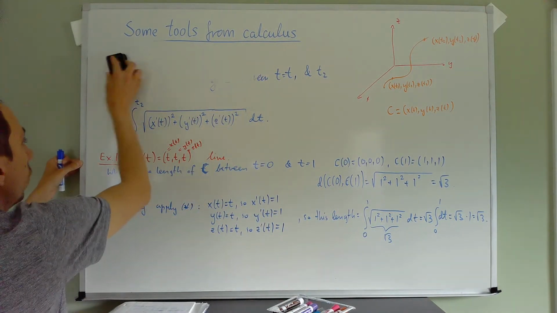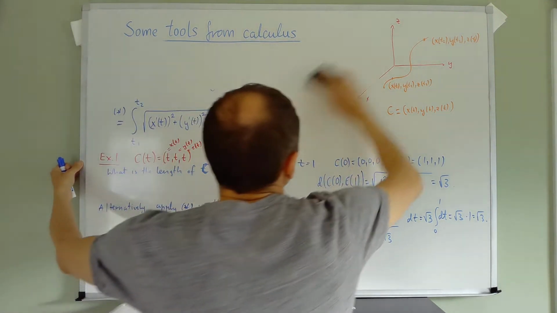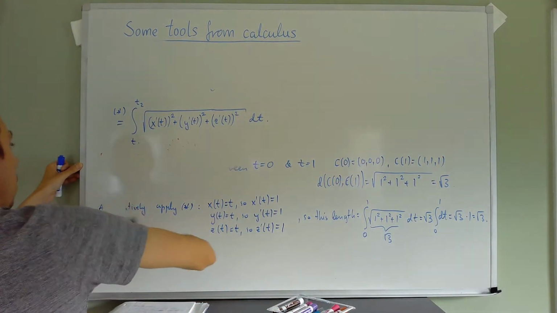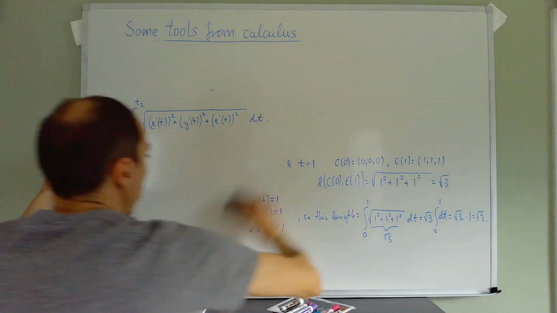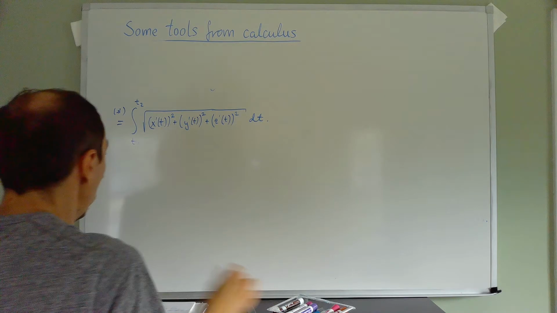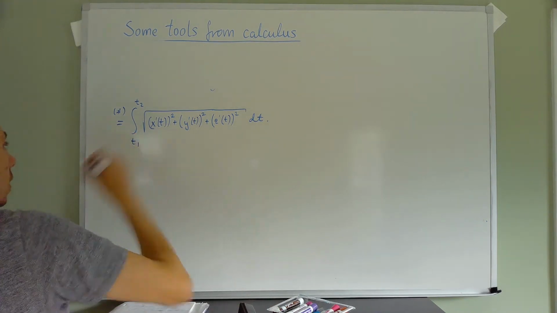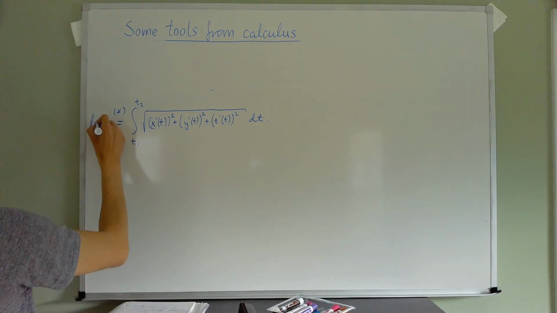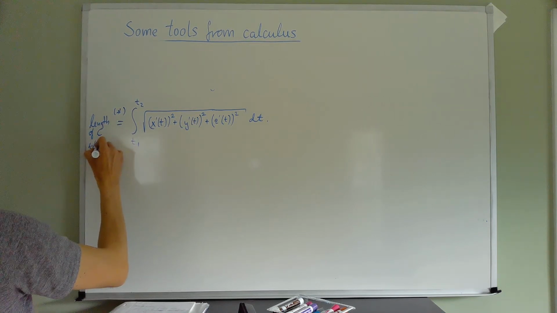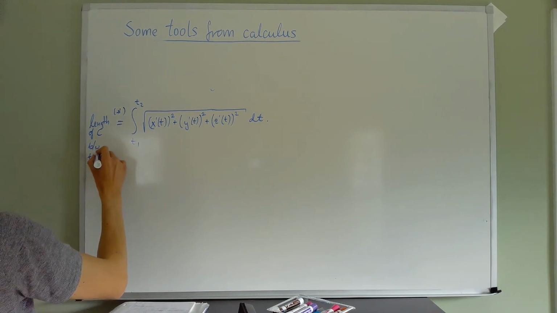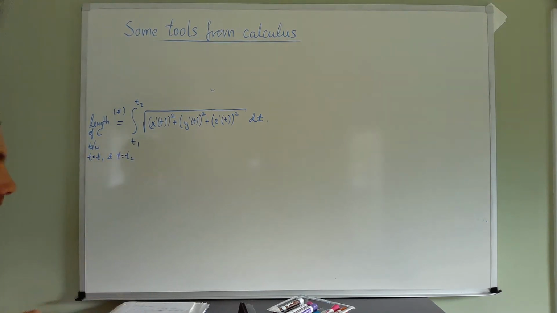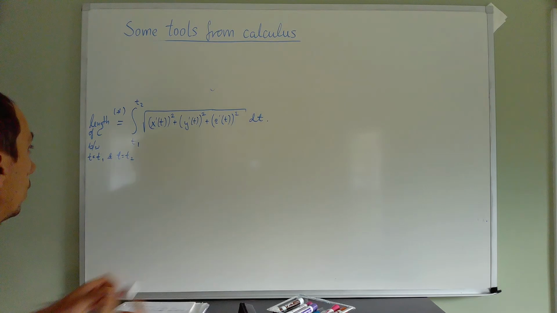So I'll leave this formula up here, and let's consider another example. This is the length of C between t equals t1 and t equals t2.